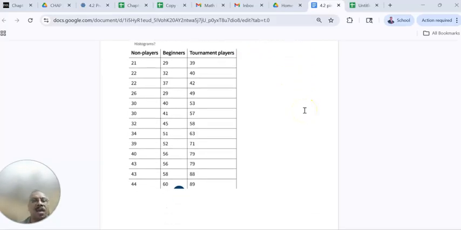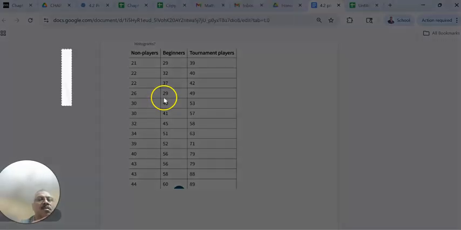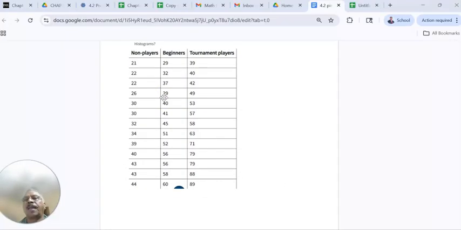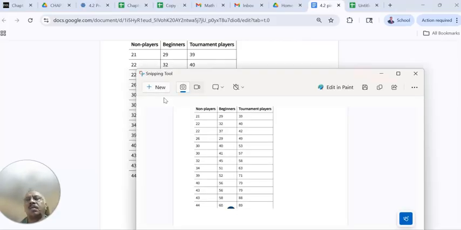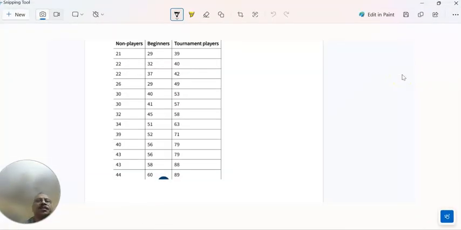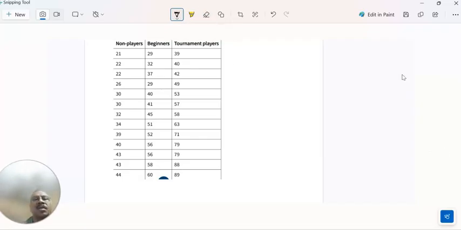So what we are supposed to do is I'm going to mark this. Okay, here it is. There are three parts here. See one, two, and three. So let's draw the y-axis and the x-axis. Let me use the blue color.